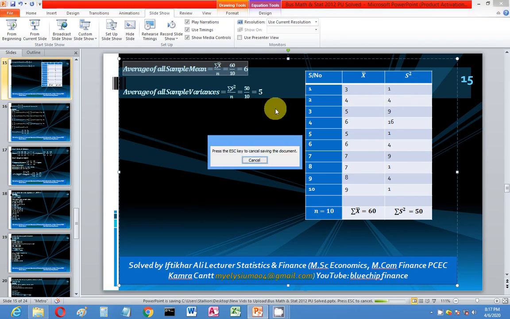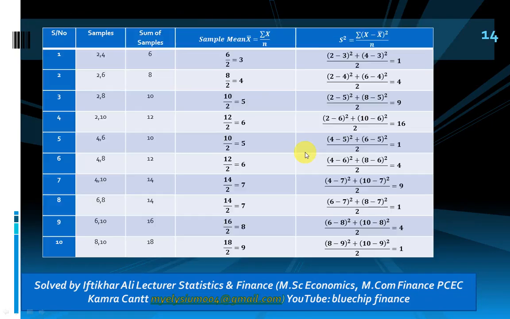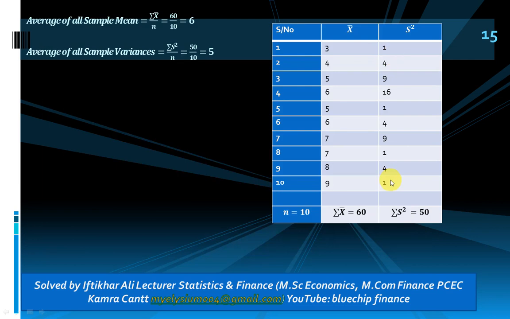First of all, take the variances here in the table and take the simple mean. So sum of s square divided by n: sum of s square equals 50, and there are 10 observations, so 50 divided by 10 equals 5.